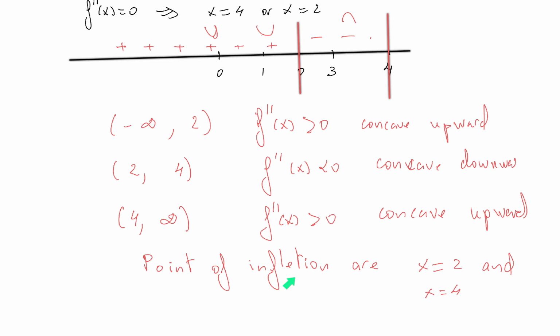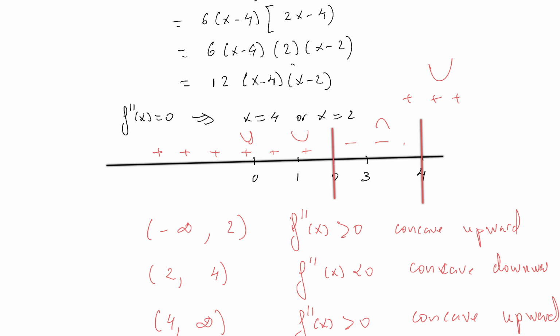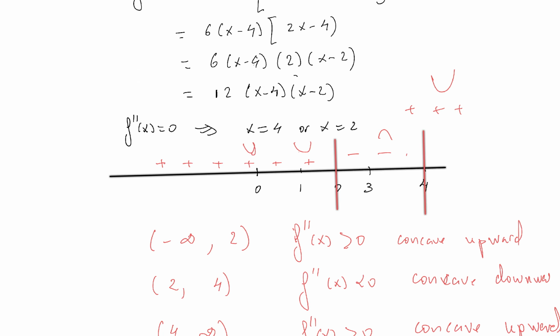The points of inflection are where the second derivative becomes 0, that is x equals 2 and x equals 4. If you plug x equals 4, 4 minus 4 is 0, and 0 multiplied by something is 0; for x equals 2, 2 minus 2 is 0, and 0 multiplied by something is 0.